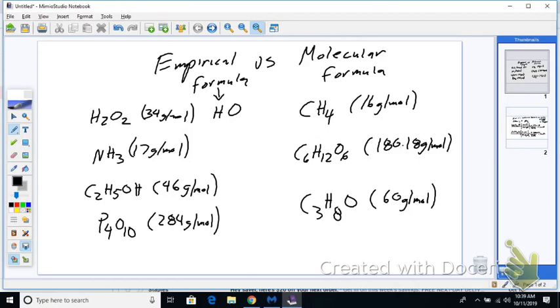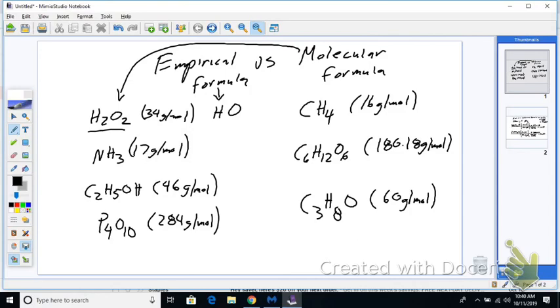Okay, this is the molecular formula for hydrogen peroxide. Does that make sense? This is the actual, when you go to the store, you get hydrogen peroxide to put on your cut to disinfect it, and it stings and it bubbles and fizzes. You're actually putting H2O2 on there, but the empirical, the simplest ratio for that would be HO.